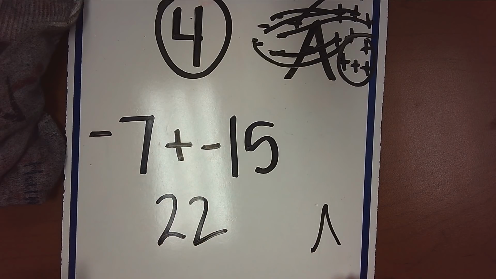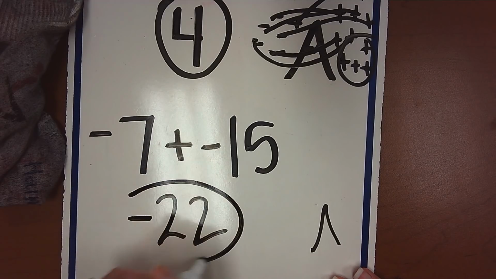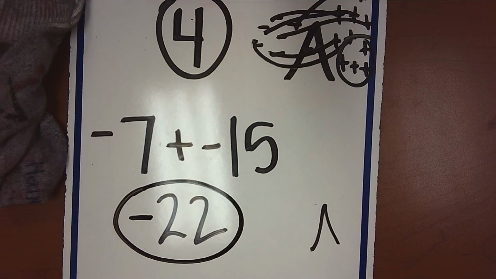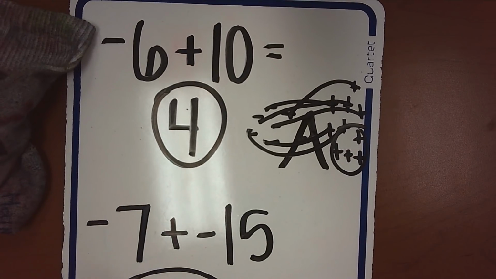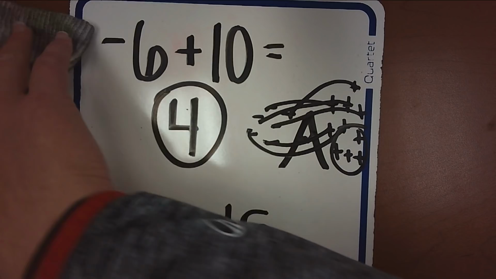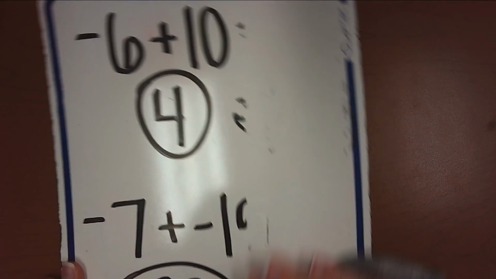And then we're going to keep the sign, which is negative for both of them. And our answer here is negative 22. So when signs are the same, we add and keep. When signs are different, we subtract and keep the sign with more. That was our adding integer rules.